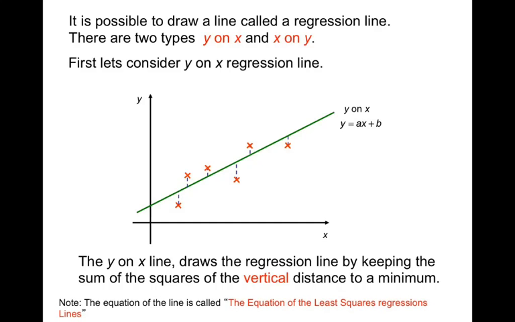It tries to keep the sum of all these distances to a minimum, but because some are above the line and some below, it does the sum of the squares of them, hence we get the name, the equation of the least squares regression line. This is written as y is equal to ax plus b, a being the gradient and b being where it intersects the y-axis.